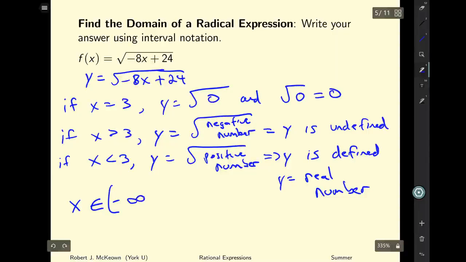And x can be as large as 3. I'm going to put a square bracket because x is allowed to be equal to 3 or less than 3.